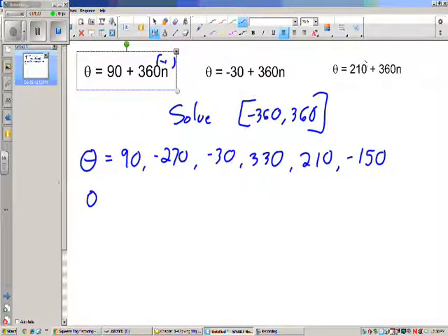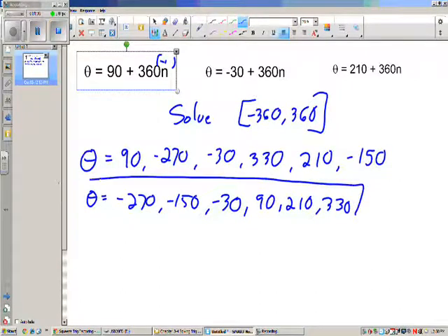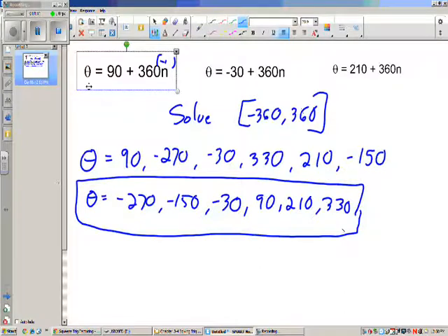So if I wrote these in order, I would have negative 270, negative 150, negative 30, 90, 210, and 330. These are all the values that will work for theta in that given equation.